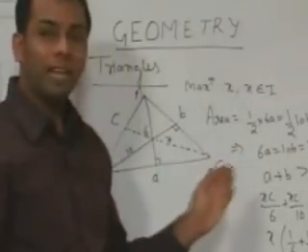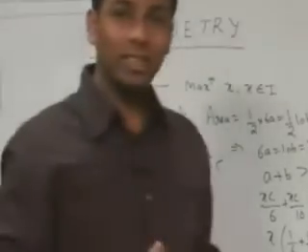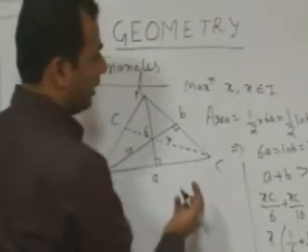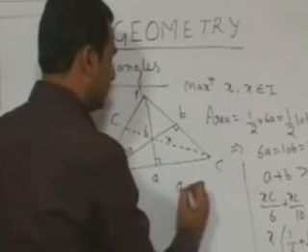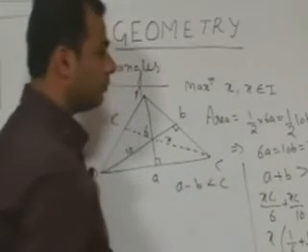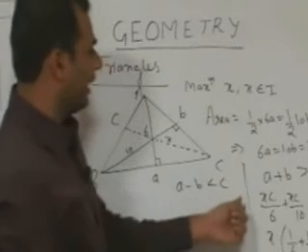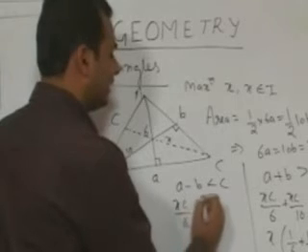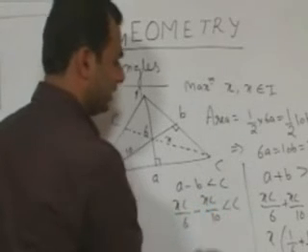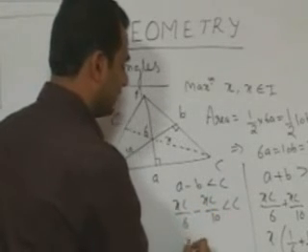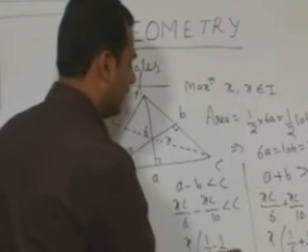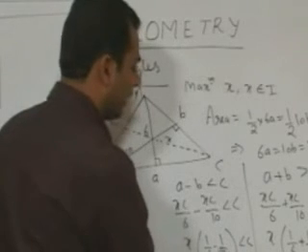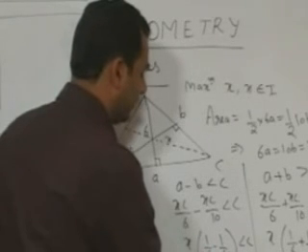Similarly, apply the other property, that the difference of two sides is smaller than the third side. So A minus B is less than C. We know A is XC by 6 and B is XC by 10, so XC by 6 minus XC by 10 is less than C. So X times (1 by 6 minus 1 by 10) is less than 1, and X is less than 60 by 4, that is, 15.